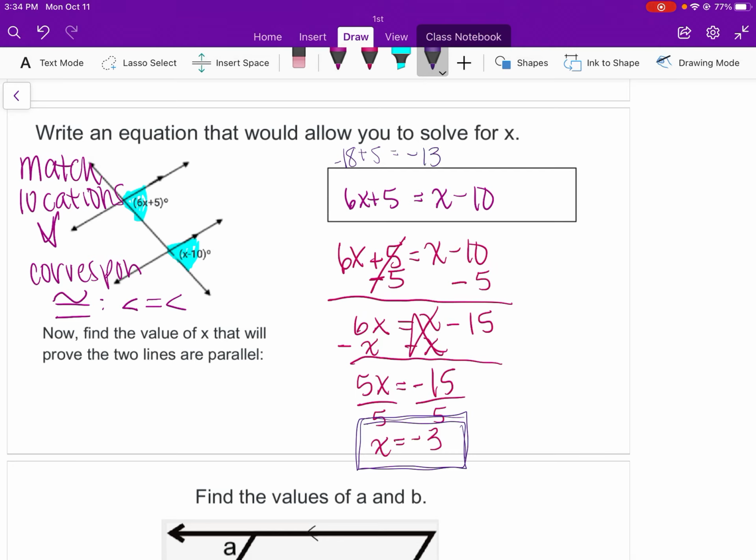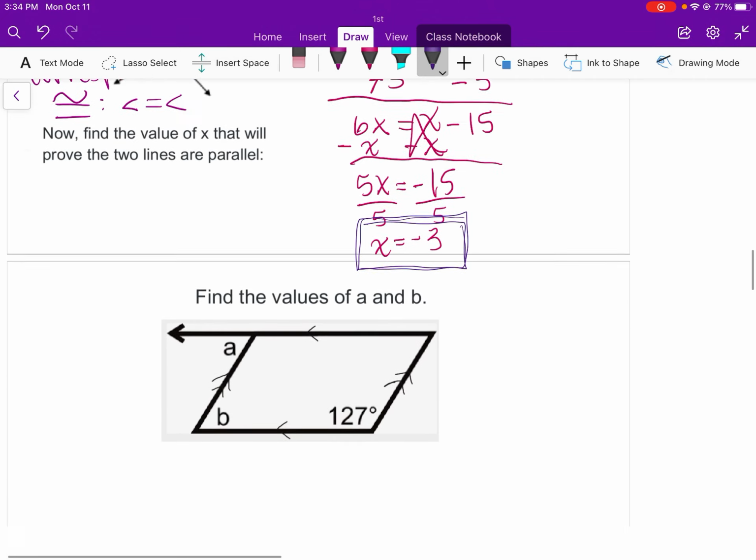Just drawing a blank for a second there. And then negative 3 minus 10 is equal to negative 13. And so we are confident negative 13 equals negative 13. So we are good. It's never a bad thing to check yourself.